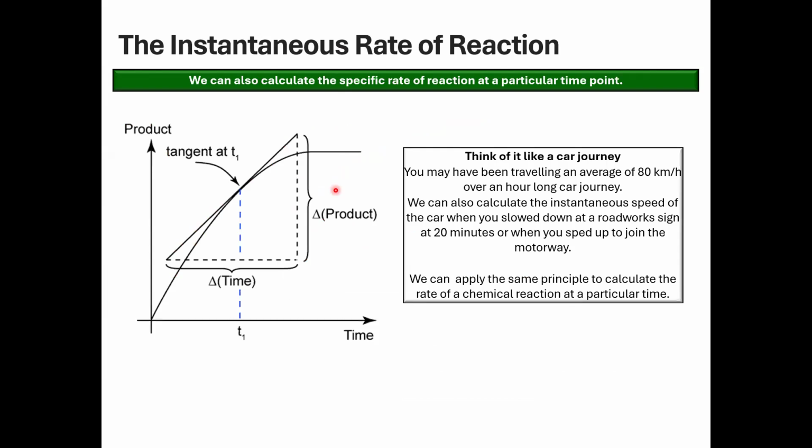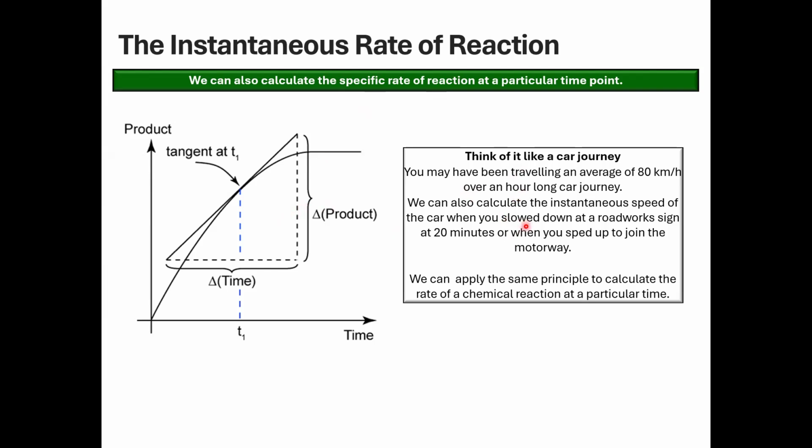So the instantaneous rate of the reaction. Like I was just saying, you can calculate the specific rate of the reaction at a particular time across that entire reaction. What I like to do is think of it like a car journey. Say you had an hour-long car journey and you were traveling an average of 80 kilometers an hour. That would be your average speed over that whole hour-long car journey.